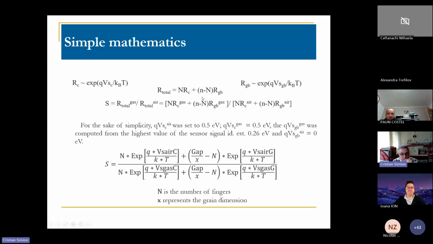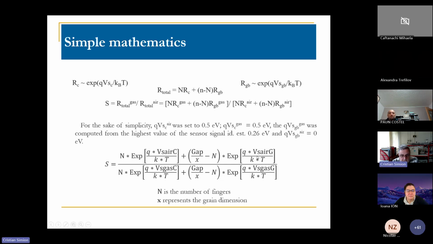And what we basically have is a sum of the RC circuits, which are in parallel, representing the metal-semiconductor contact, plus the number of crystallites existing between the interdigital electrodes, minus the number of fingers, because, as I will show you later on, we are dealing with 200 and 100 micrometers distance between the interdigital electrodes, exponential of QVS over kBT.